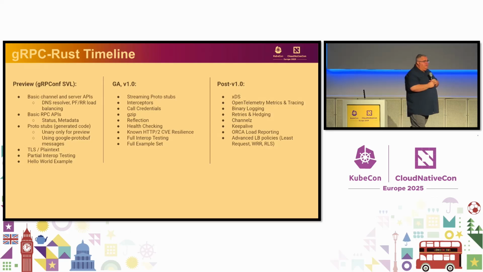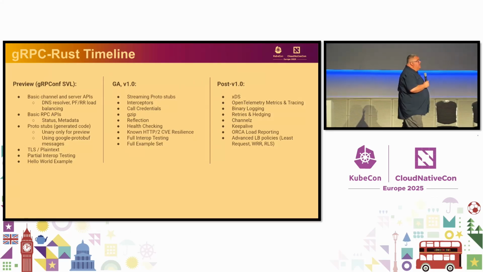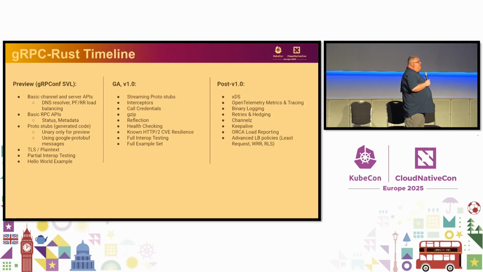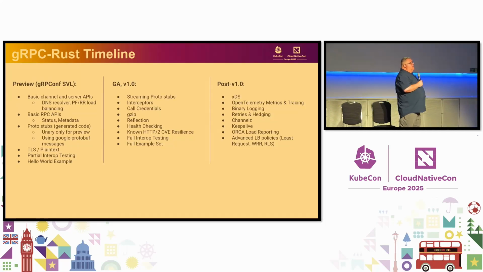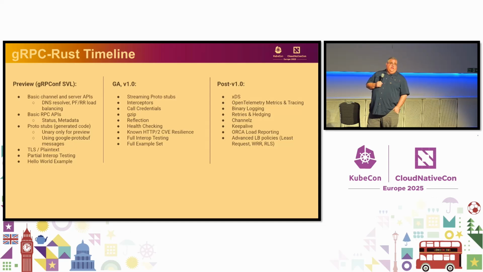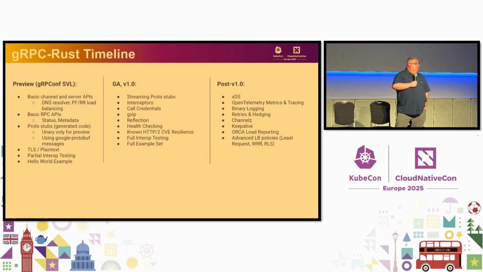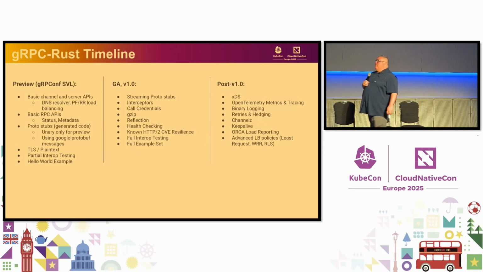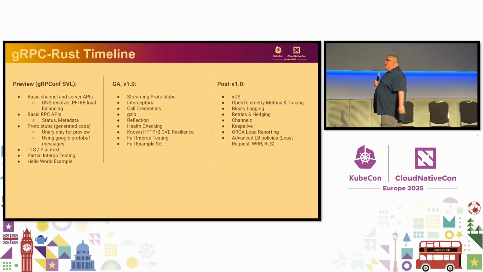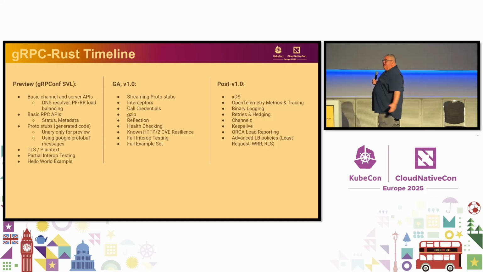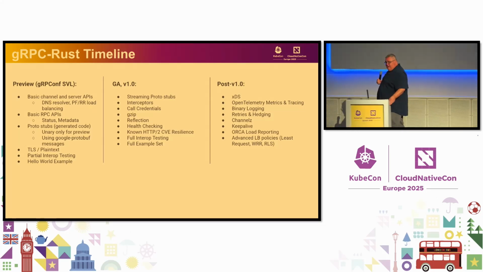One of the other big things that we're doing in gRPC is adding support for Rust. This is another one of those areas where we did see a lot of requests coming from the community here at KubeCon and at other conferences. This was one of the most requested features. And so we wanted to share with you the roadmap of things that we plan to build throughout this year.